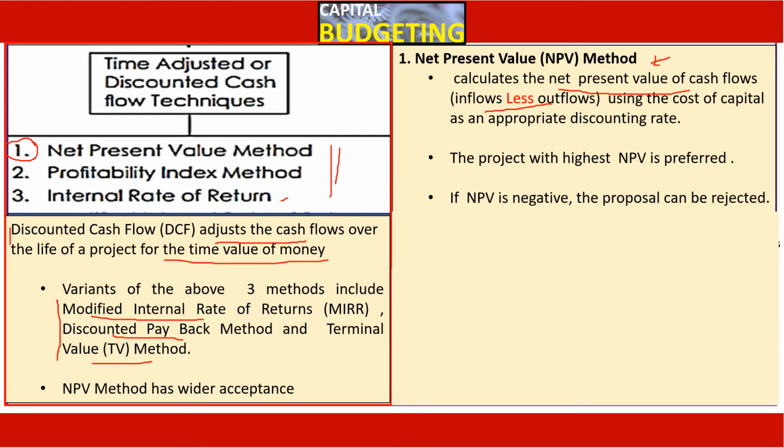And at the end of it, we have a collection of net present values. A project with the highest NPV is preferred. It is not that it is selected. It has to meet other criteria under other capital budgeting techniques. But once it is done, it is added into the list of priorities. But if the NPV is negative, the proposal can be rejected.